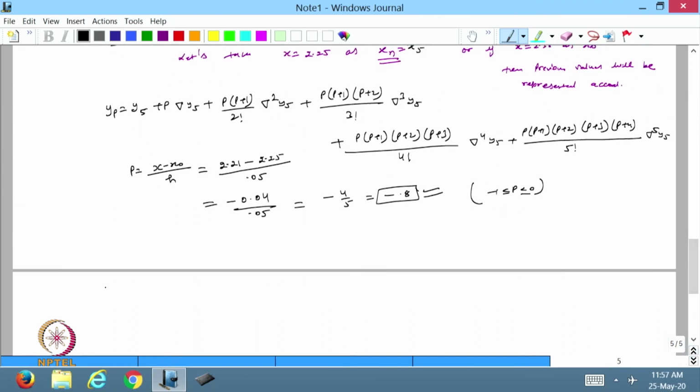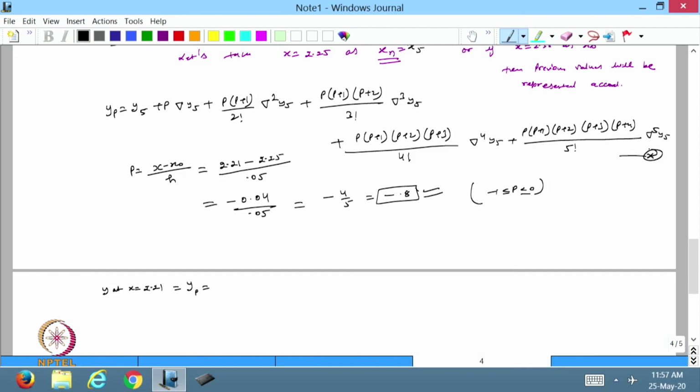Now, from here I can write my y at x equal to 2.21. So, this is equal to y at this point p. I will substitute all these values in the given formula. So, this is my formula.